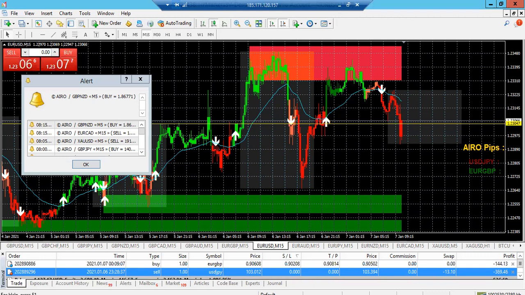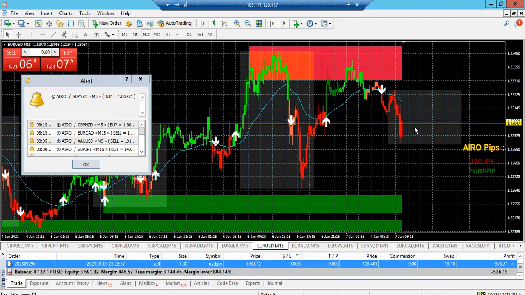So with that said, I would like to place this trade now with a micro lot of 5, and that is going to be 82 pips. Or let me make it micro lot of 2.